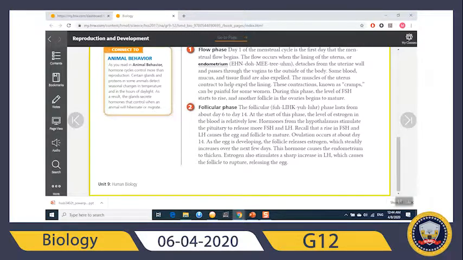If you remember, during the flow phase, the endometrium detaches and the uterine wall is not thick anymore. Now, the endometrium will be thickened. Estrogen will stimulate an increase in LH, which causes the follicle to rupture.